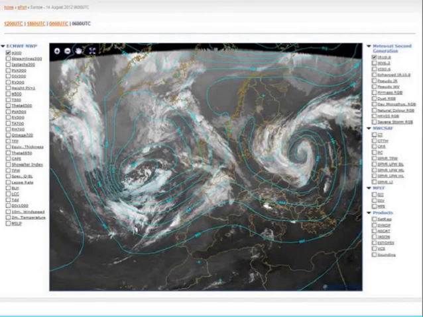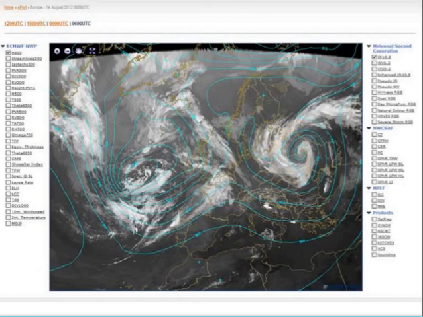So to go on, as you can see, today's situation is quite clear from the point of view of this system over Northeast Europe. You have already quite nicely developed low here.